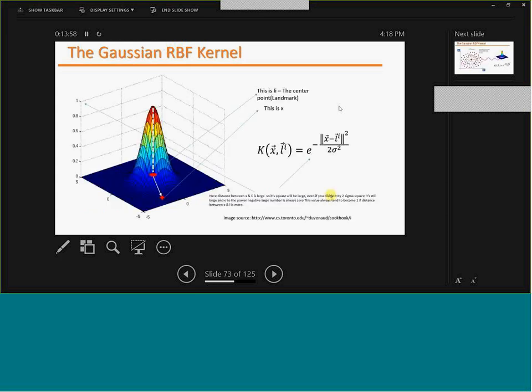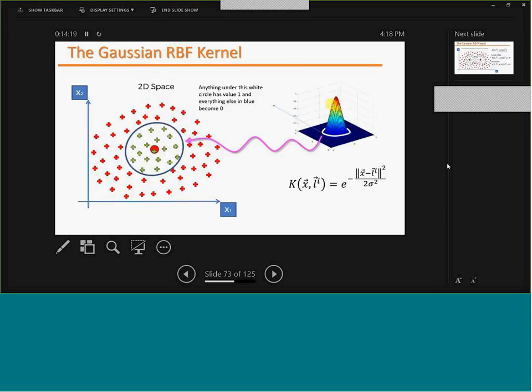So what we typically do is, first we identify the center point of the data points, and then we measure the difference or the distance from that center point to the data point. And if it is closer to 1, then it becomes category 1, otherwise it becomes category 2. And for that we have the Gaussian RBF kernel function, which does that for us.